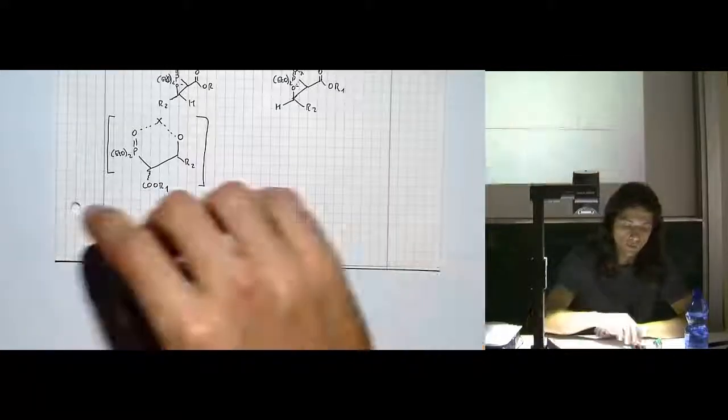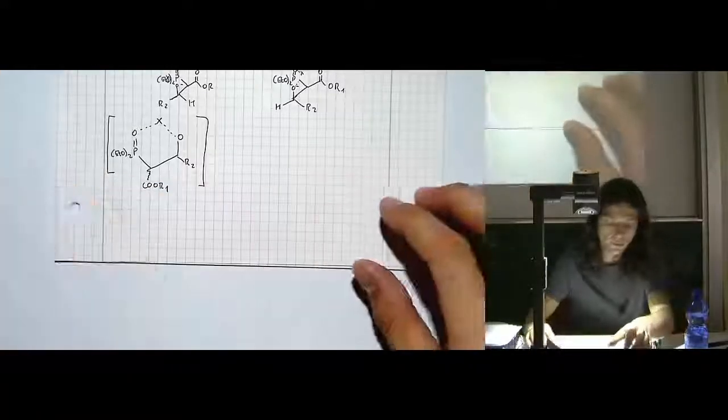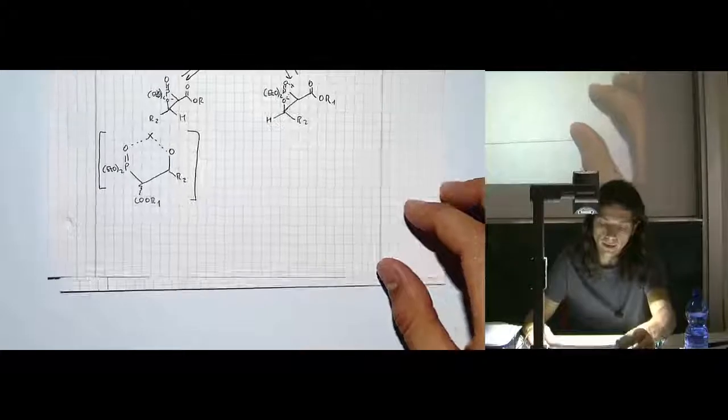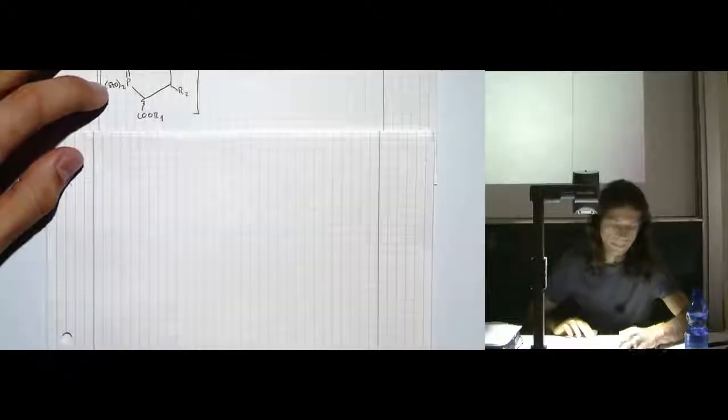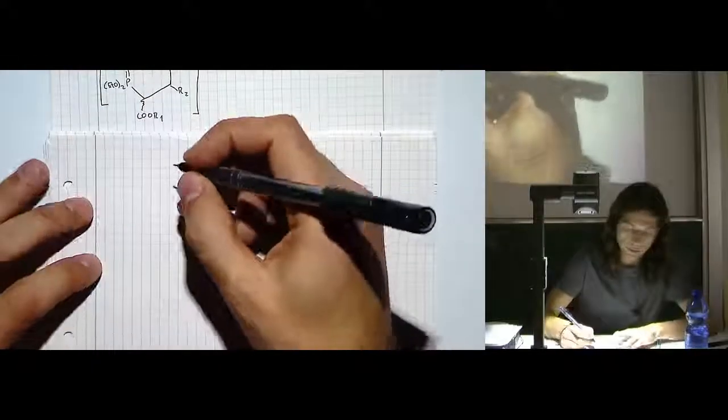Now again we have the formation of the cycle of 4 members as previously.